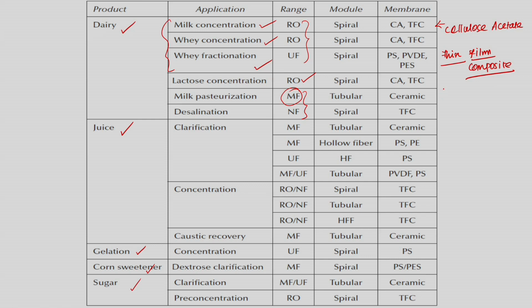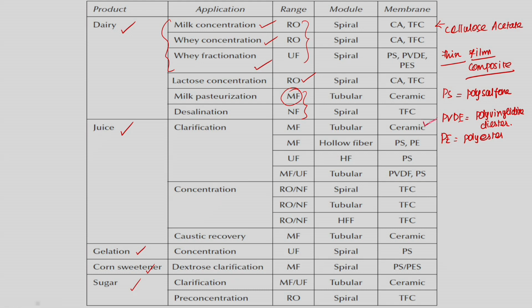Then polysulfone, PS is nothing but polysulfone. PE is nothing but polyester. PVDF is polyvinylidene difluoride.